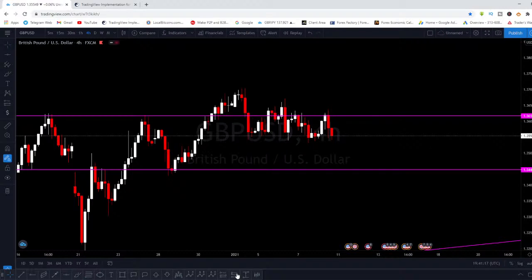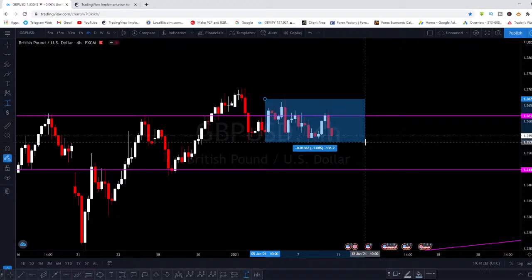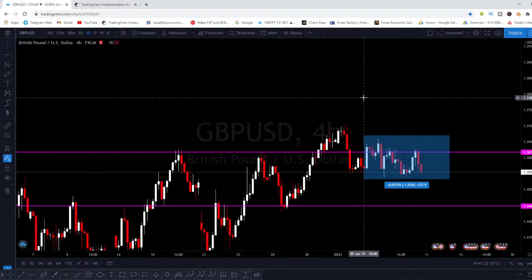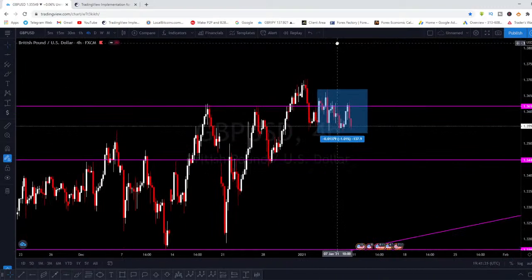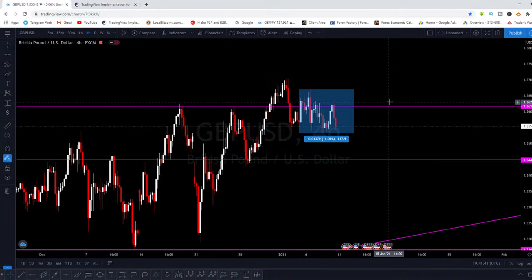What I'm going to do here is I'll pull out my price range, excuse me, and put it right here and wait for a breakout of this structure. So wait for the breakout to happen right here, guys. That's what you are supposed to wait for. If it breaks to the downside, the market will come down to this point before it will buy again.